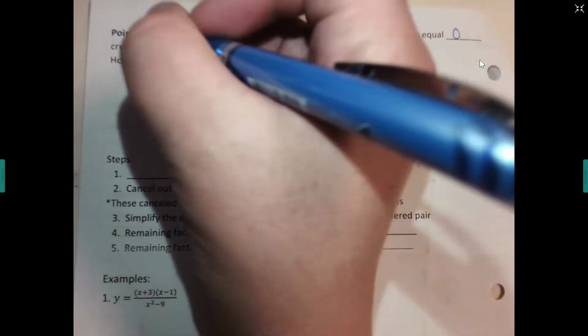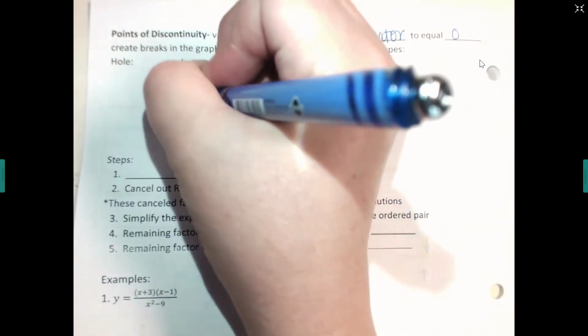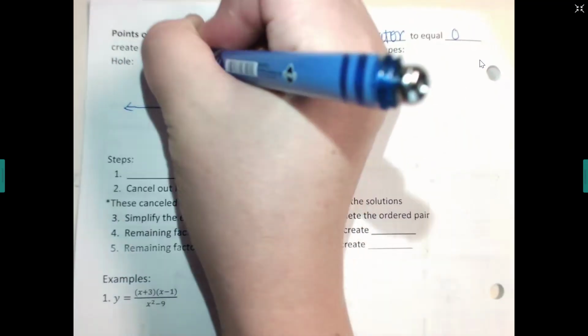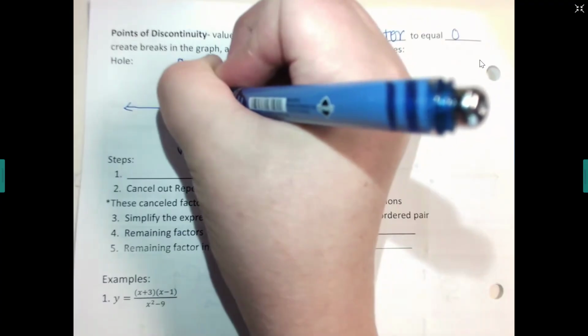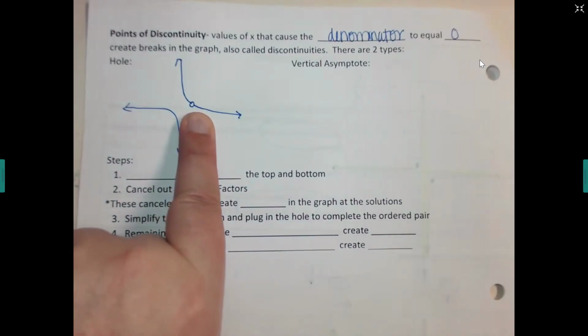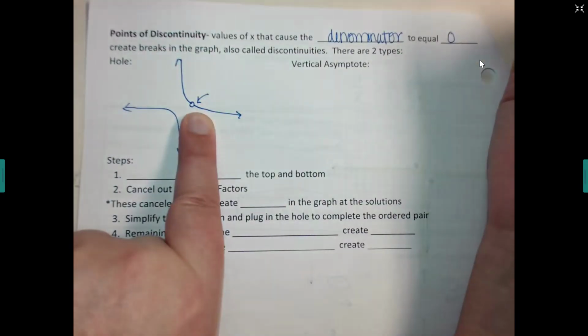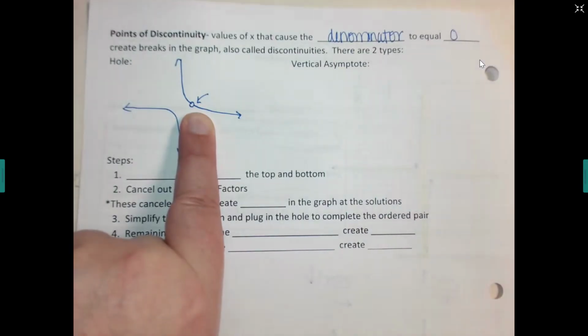So I want you to draw a graph similar to the one that we just did, but I want you to just skip one little spot and leave a hole. Anytime that you get a divide by 0, it might be creating a hole. Now, in the calculator, you will not be able to see that in the graph because it's literally just one tiny little pixel that's missing.